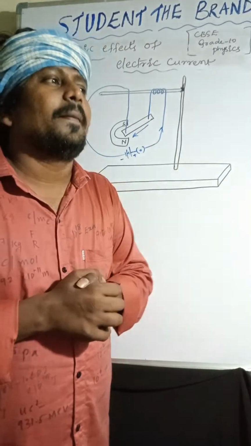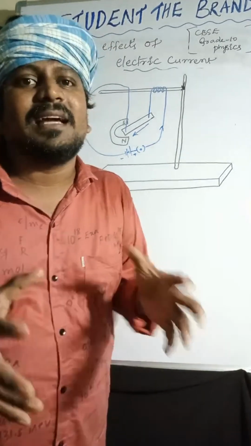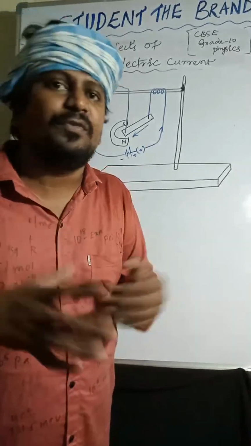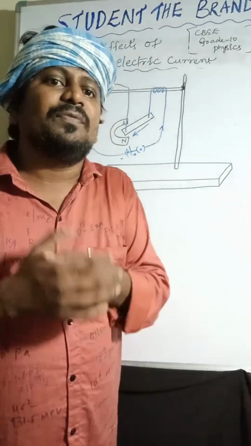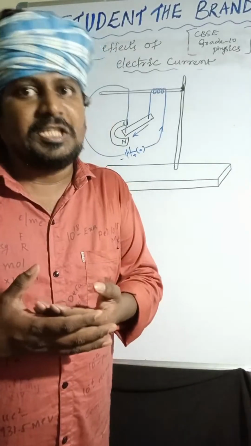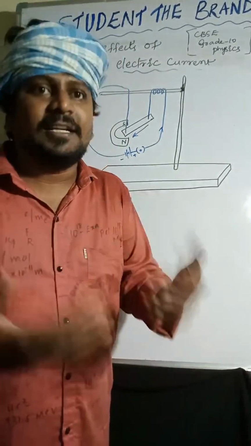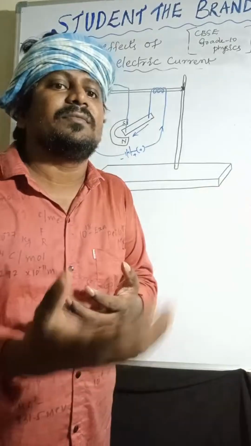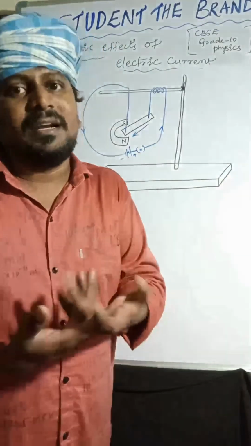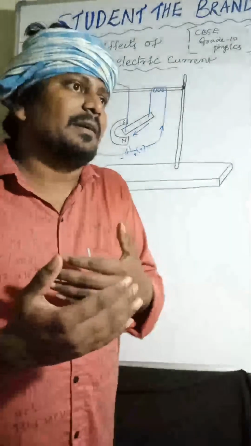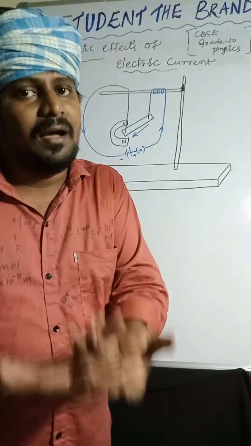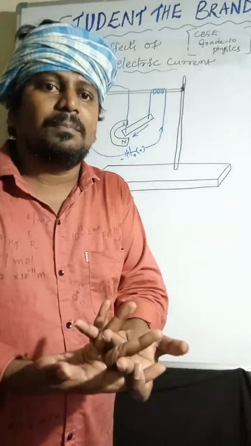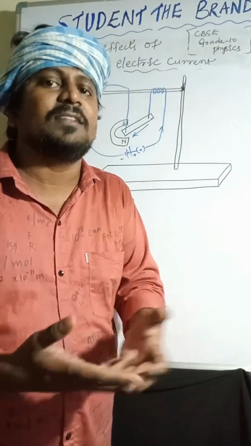One more, we can take the electrical fuse and earthing. An electrical fuse is a device which melts and breaks the circuit when extra current flows, or when it exceeds the limit placed on it.